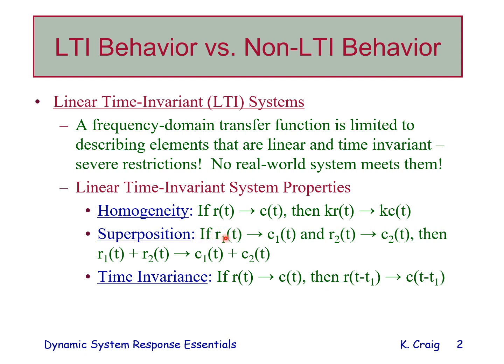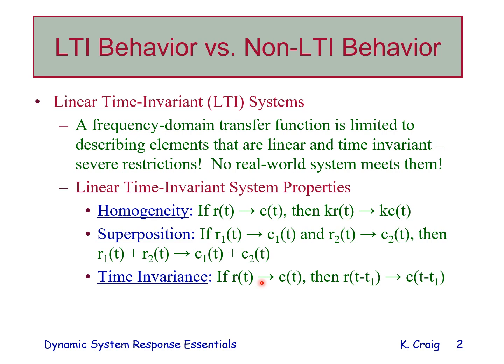Homogeneity. If you have an input R and an output C, then if you multiply the input by K, the output will get multiplied by K. Superposition. If the input R1 leads to an output C1, and input R2 leads to an output C2, then if you combine the inputs, the output will be the sum of the individual outputs.